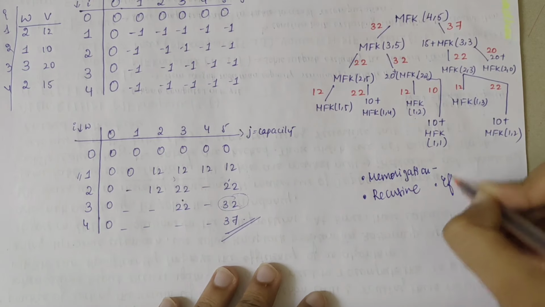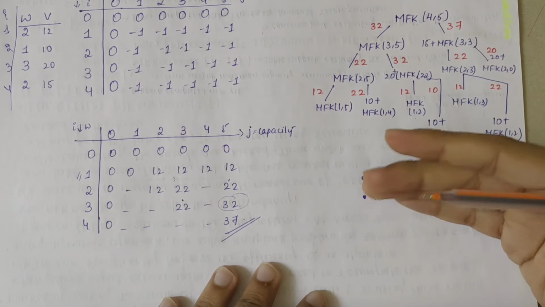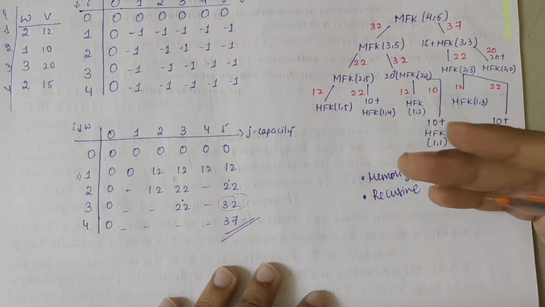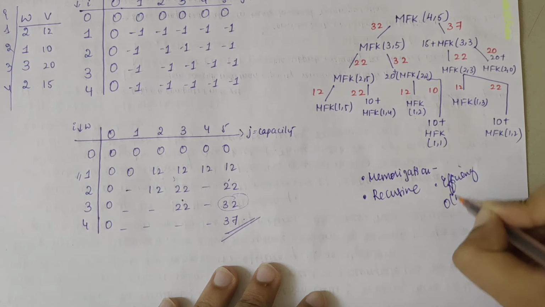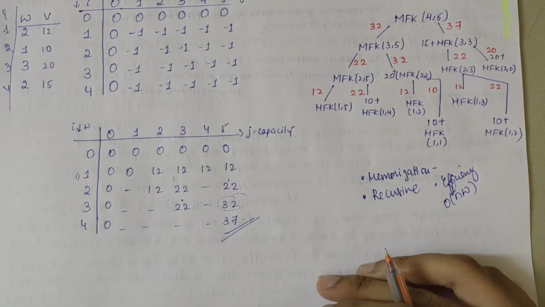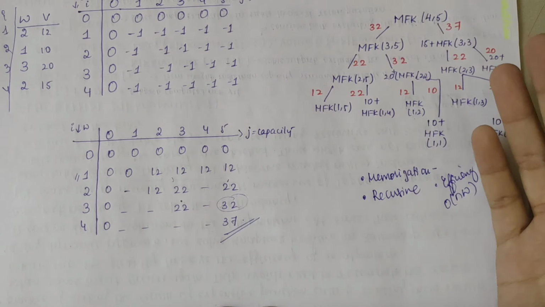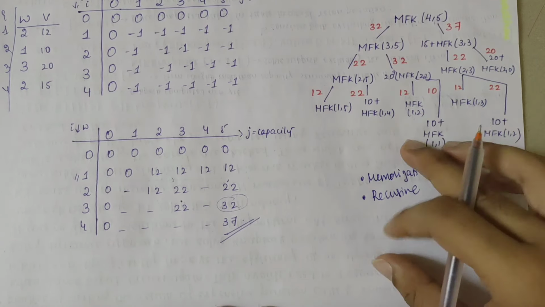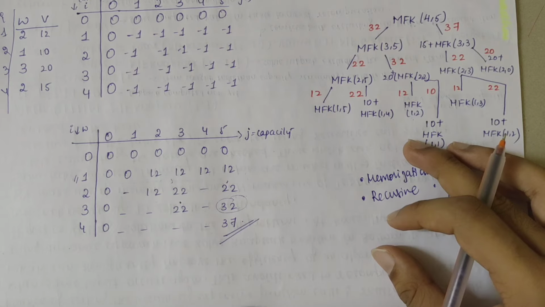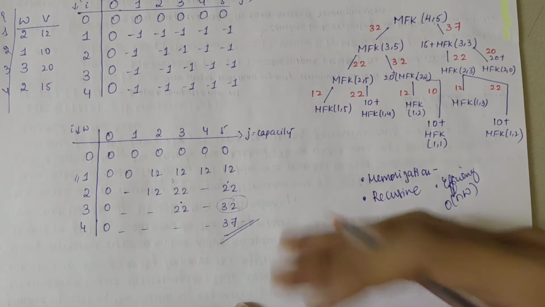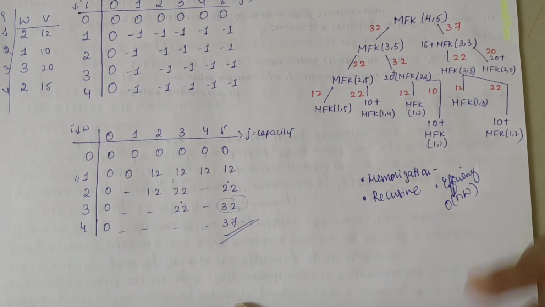Although the memory function has the same time complexity as the bottom-up dynamic programming approach, order of n into w, it reduces unnecessary computations for problems with many overlapping conditions. So because of these insights, the memory function has the upper hand over the normal knapsack approach.